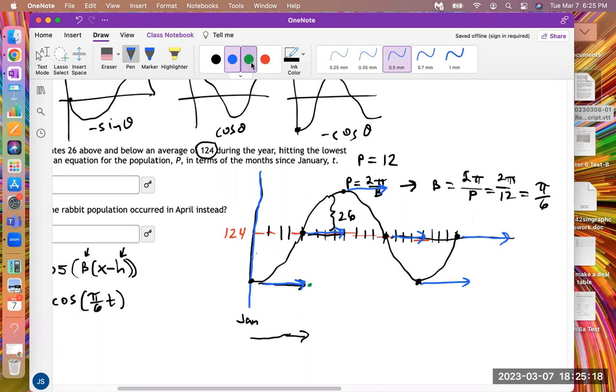So it's going to create this equation. Okay, that'll be our new equation. And all that happened is we shifted it to the right 4 spaces, because January to April.